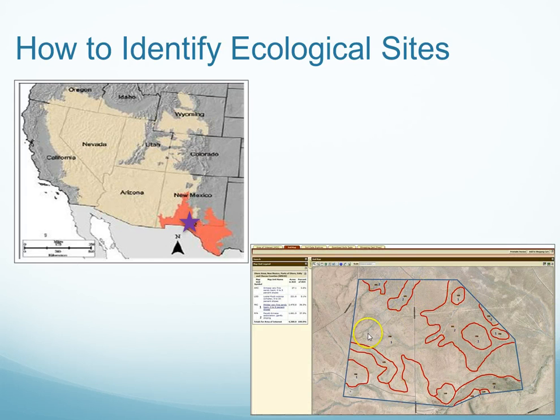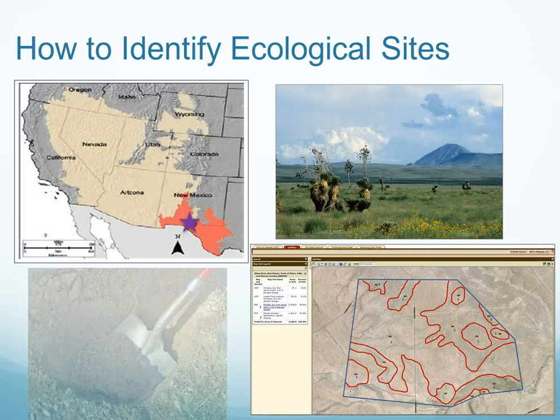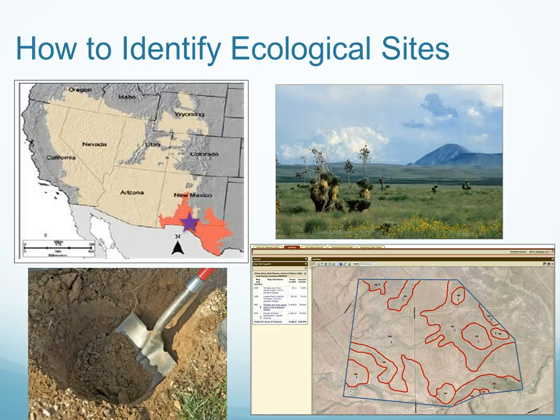So here we see the AOI with the different units highlighted, and we would want to go to that site and verify the identity of the ecological site at whatever location where we wanted to do our sampling, so that we were sure that we had clearly identified that site. There will be more information about ecological sites and about the assessment of ecological sites in the following lesson.